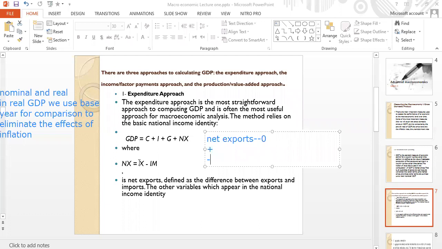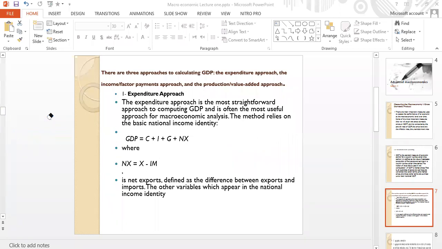It is positive if exports are larger than imports, and negative if exports are less than imports. So these are the important cases of net exports: zero, positive, or negative.